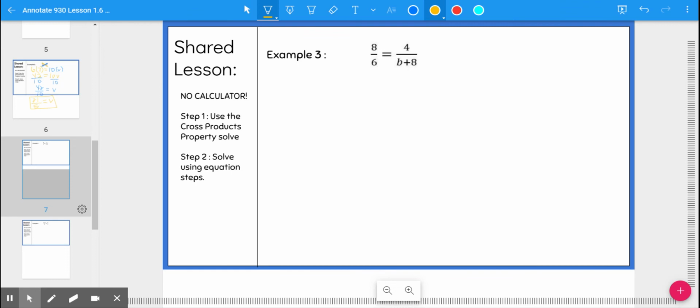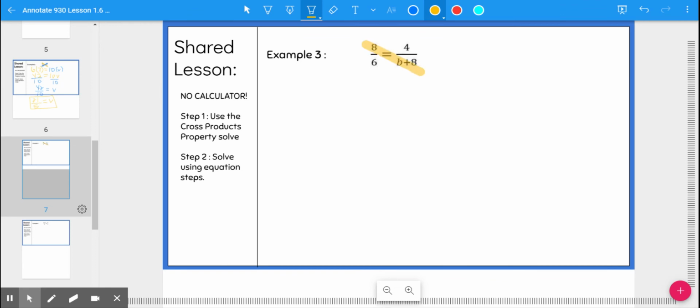This example looks slightly different than the first two. So we have 8 sixths is equal to 4 over b plus 8. So we're going to solve the same exact way. We are going to use the cross products property to solve, and we're going to find the products. We're going to find the product of the means.